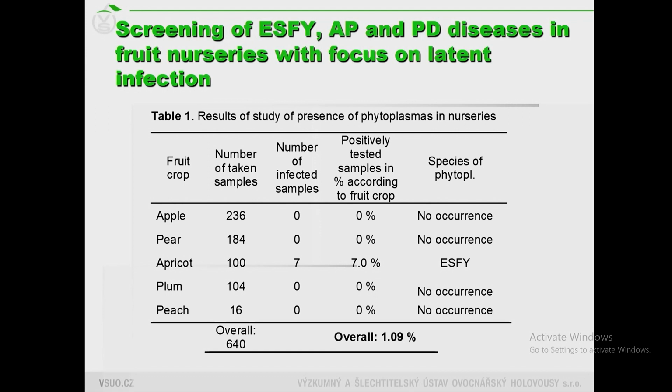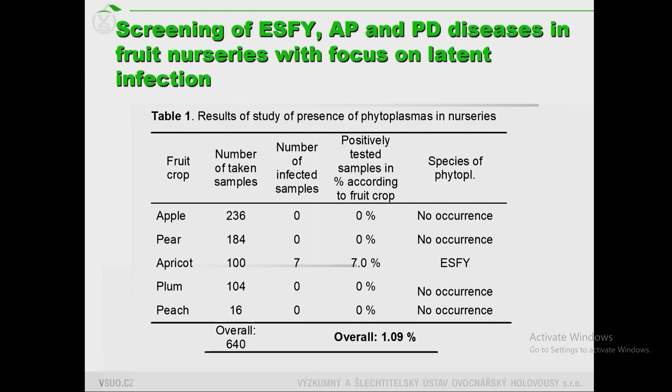There was also low occurrence of phytoplasmas in plum and in peach, but we detected 7 positive samples of European stone fruit yellows infecting apricots. But in general, when you calculate the final result, it was only 1% of infected trees in nurseries.